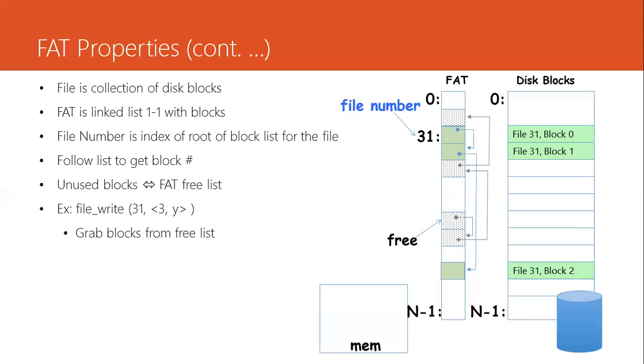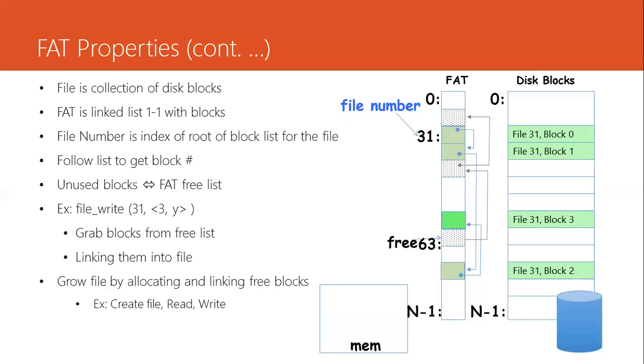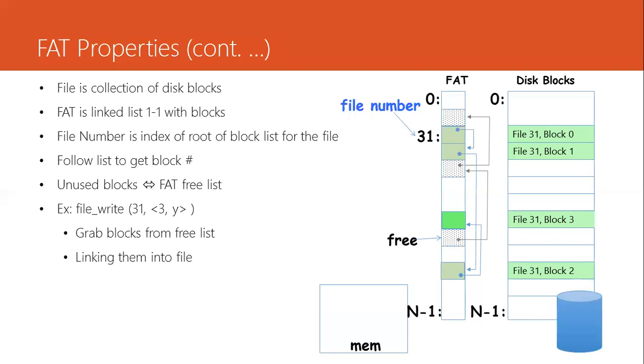So we have to take a block from the free list, readjust the linked list to point to the block 3, so that block 3 now points to null or end of file, right? And then we can do a write. Okay, I hope that was easy.